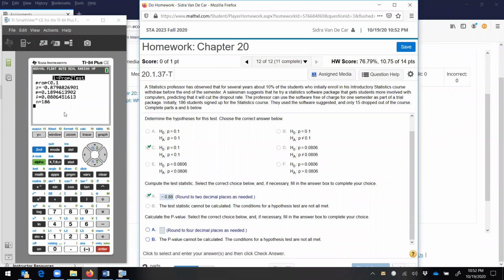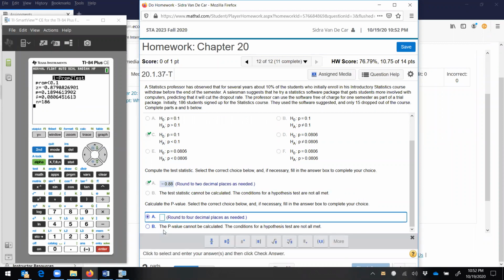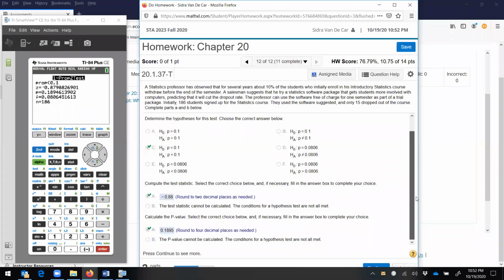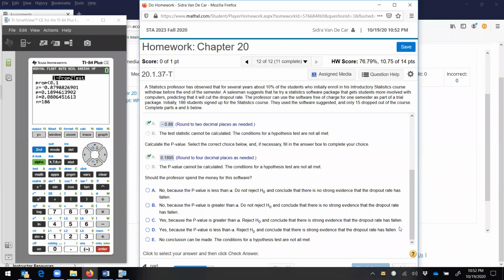Calculate the p-value. So our p-value is this probability right here, to 4 decimal places, 0.1895. Should the professor spend the money for the software?